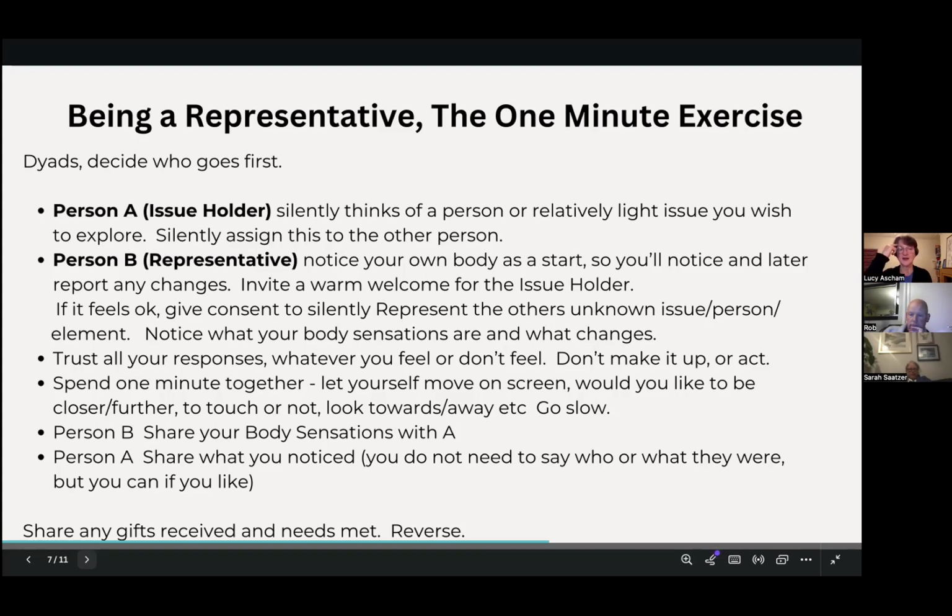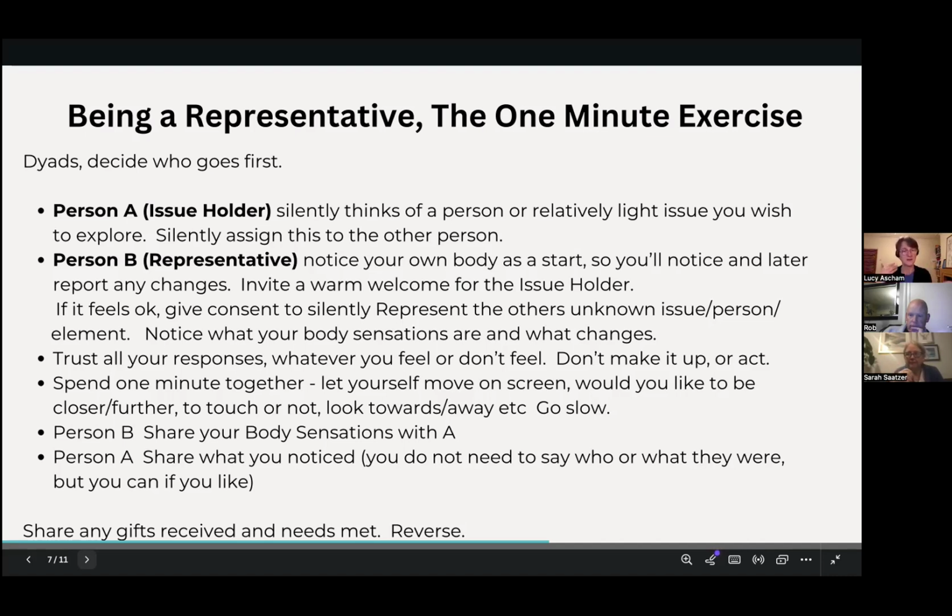So this is silently for the person to have. I'm going to choose, if I may, Kate, just for the moment. If we were in a demo together, I would have an idea of, let's say, my cat, and I would say to myself, I want Kate to represent my cat. I wouldn't tell her who or what she is.